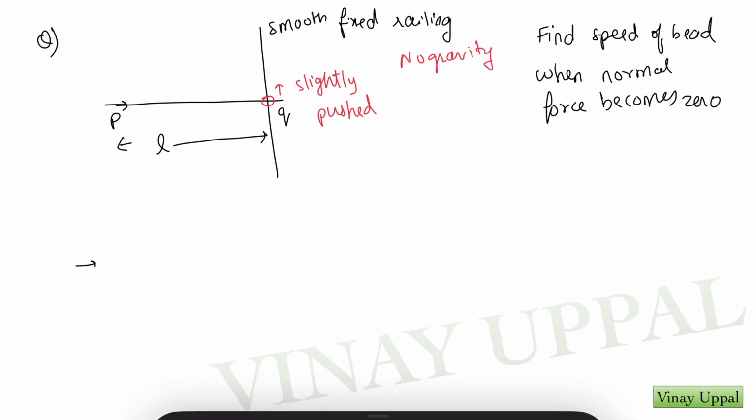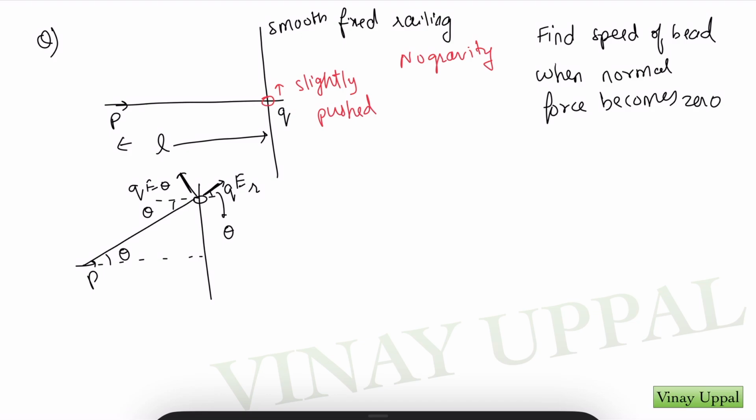Okay, so let's say that the normal force between the bead and the railing becomes 0 at this angle theta. So what will be the forces? I have my electric field in this manner, E_r and E theta, so the forces would be qE_r and qE theta. This angle is theta, and the normal force becomes 0.